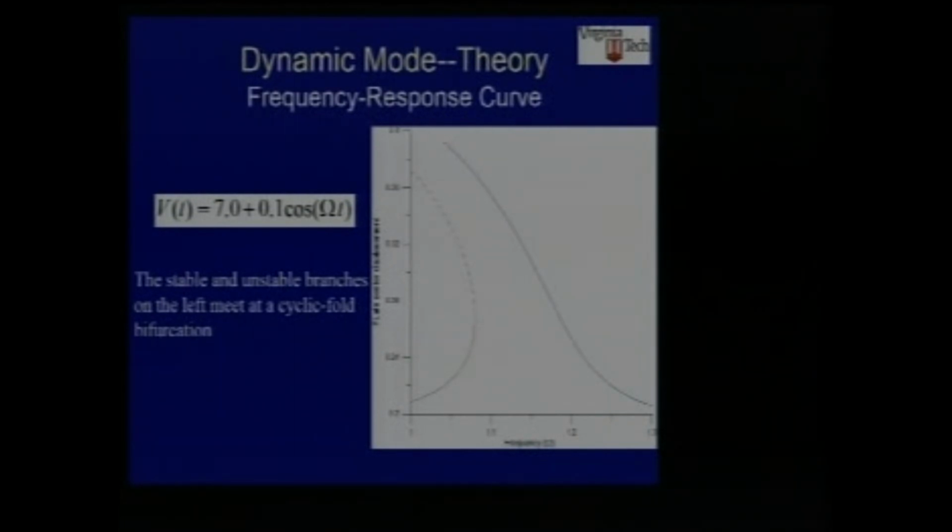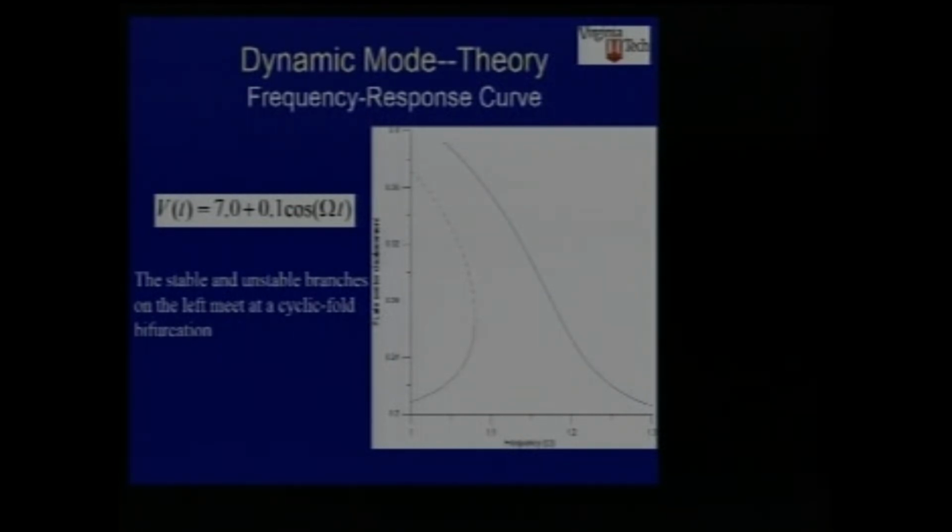So we are looking at the frequency response curves. For these systems, they are softening because the nonlinearity comes from the electrostatic force, and the electrostatic force is a quadratic nonlinearity, which gives you softening-type behavior.